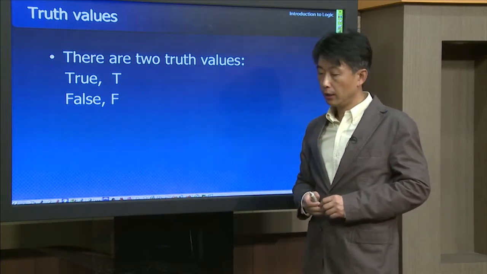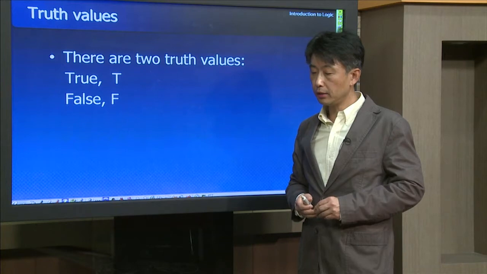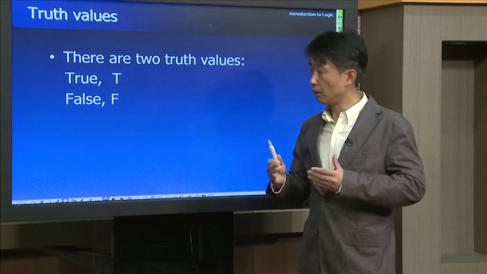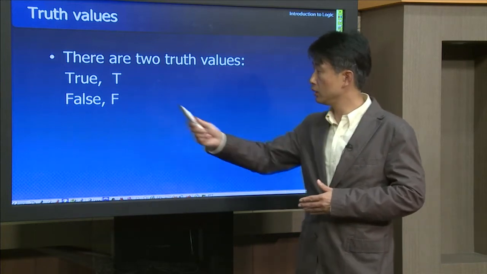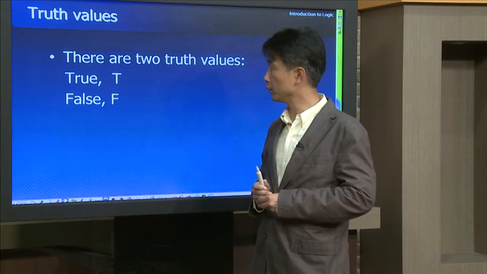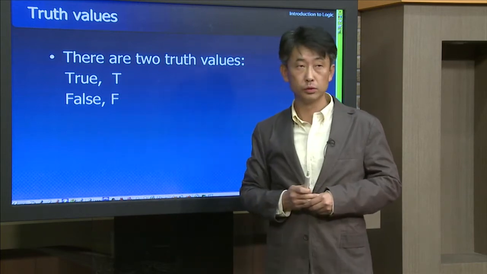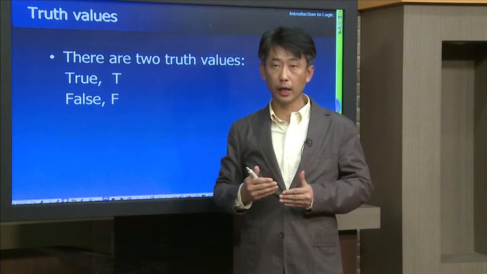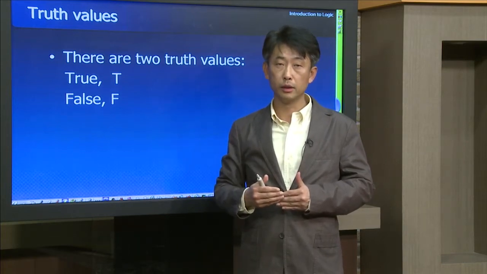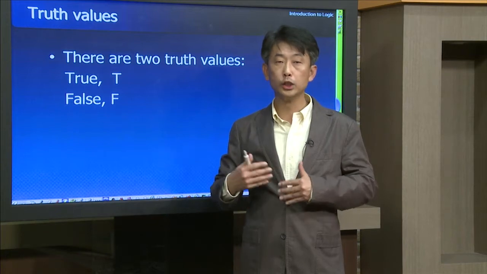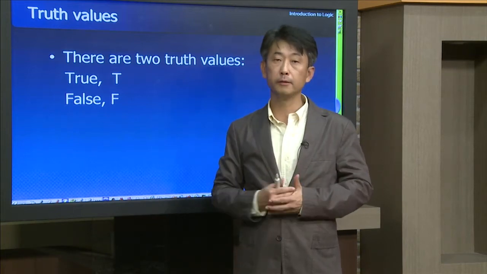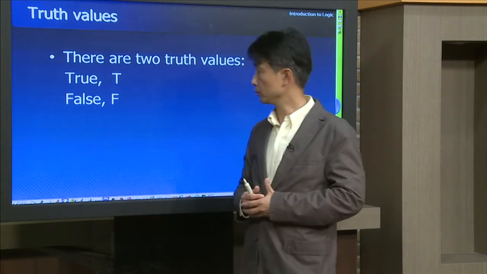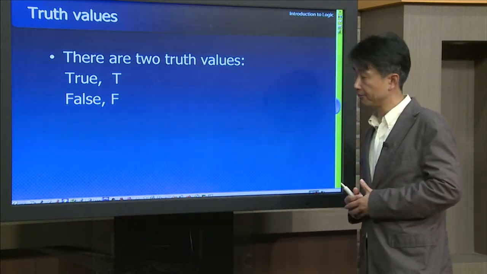A sentence can be either true or false, and these two are called truth values. So we can say a sentence can have either one of these two truth values, T or F.